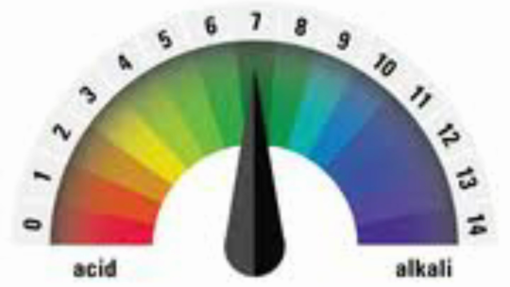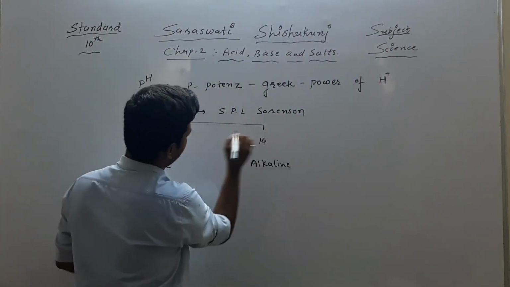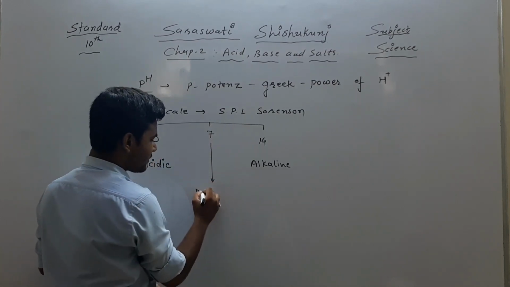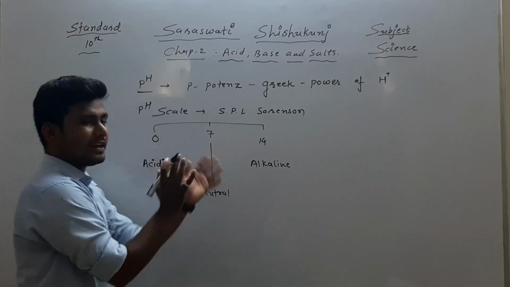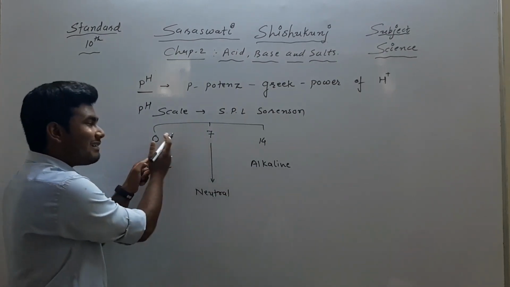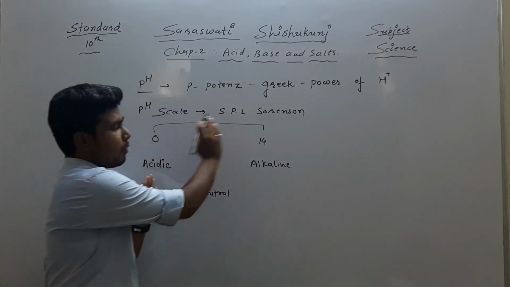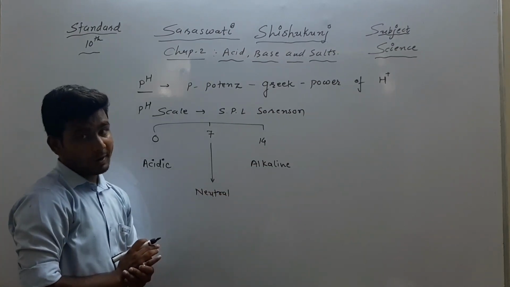Now 0 means very much acidic, and 14 means very much alkaline, meaning basic. As we all know, between them there will be 7, which stands for neutral. So it's very clear that the less the value of pH, the more acidic our solution will be. The more the value of pH, the more alkaline or basic.